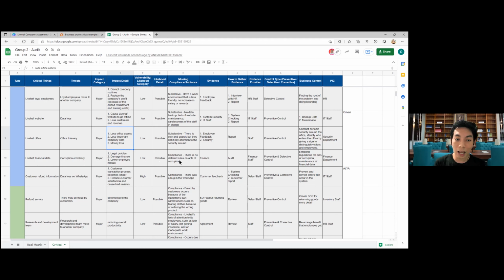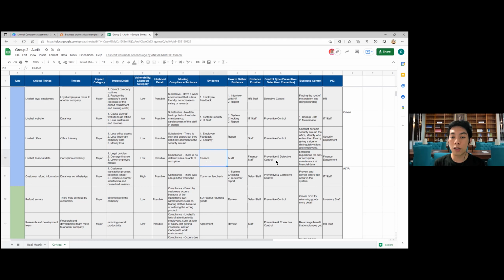The missing compliance is because there are no detailed rules on acts of corruption. Evidence is from finance, gathered through an audit, and the provider is finance staff.